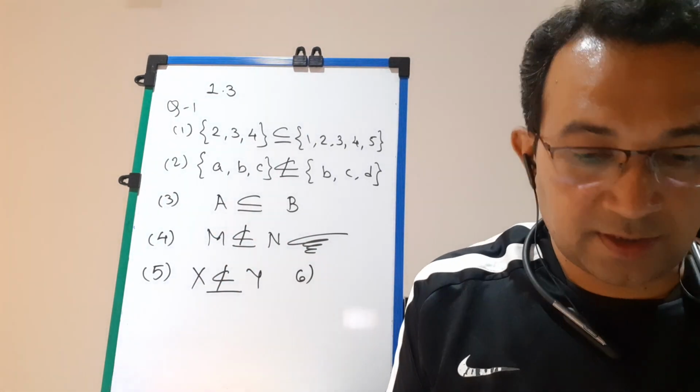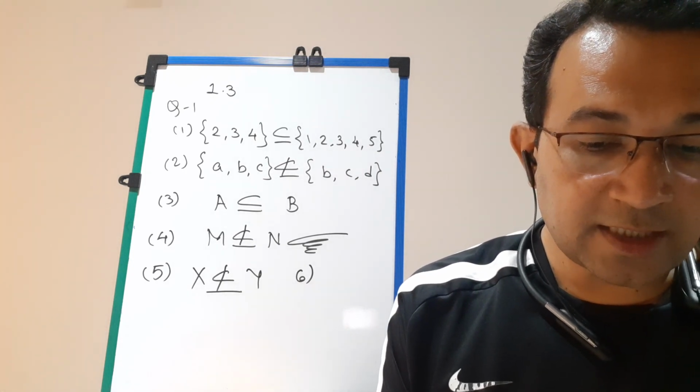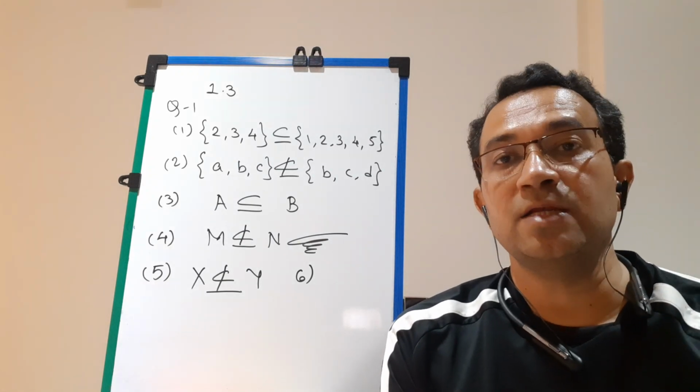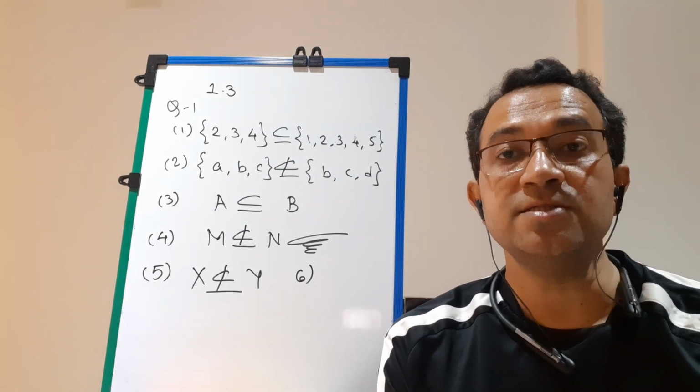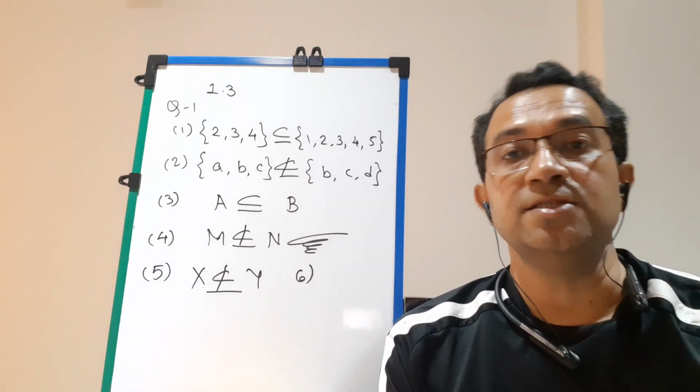Now students, the sixth pair. X says that x is an equilateral triangle in a plane. Students, equilateral triangle means a triangle with all 3 sides and corresponding angles the same. And the second set is x says that x is any triangle in the plane.